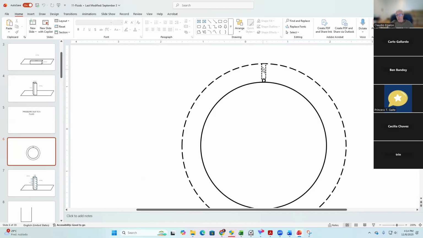We say that the atmosphere ends at 100 kilometers high. So we have all this column of air exerting a weight over us. And this weight exerts a pressure. The weight of this atmosphere exerts a pressure. Here you go.